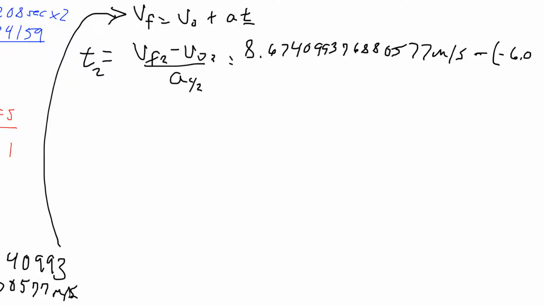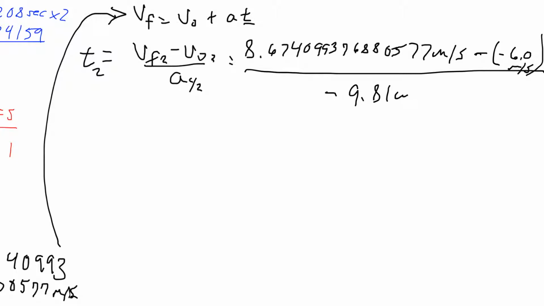Remember, the initial velocity is -6 meters per second, and it's negative because the ball is falling, divided by -9.81 meters per second squared. Let's take a look at units. Meters per second minus meters per second gives us meters per second. That's like saying, I've got 3 apples, I take away 2 apples, I'm going to be left with 1 apple. The unit doesn't change in addition or subtraction. So we're going to have meters per second on top over meters per second squared on bottom. Same thing happens that happened last time: you end up with seconds.